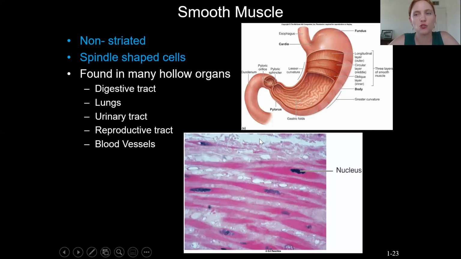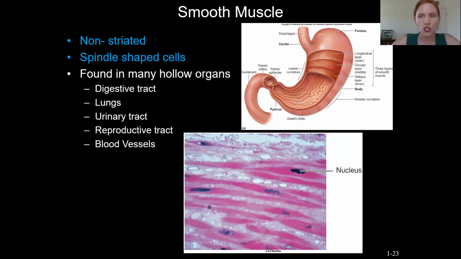The intestines as well. The urinary tract has smooth muscle, and blood vessels have smooth muscle, which regulates the diameter of the vessel to control blood flow. So those hollow organs, that's where you're going to find the smooth muscle.